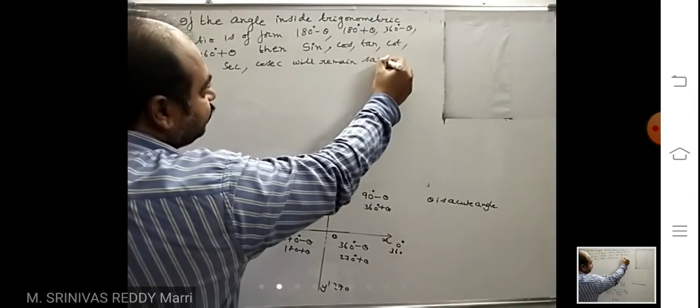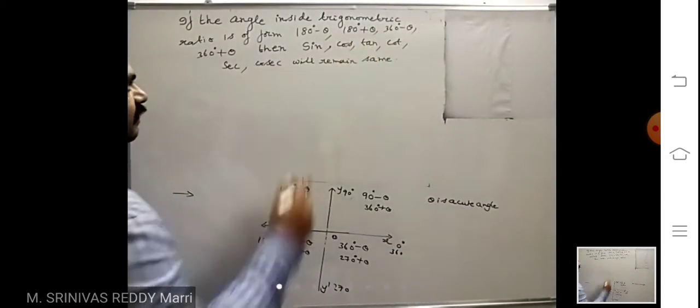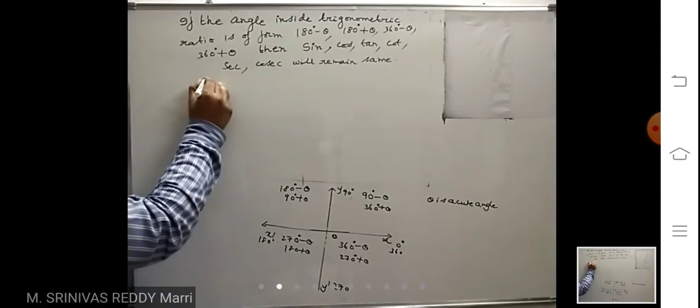That means sine will change into sine, cos will change into cos, tan will change into tan, cot will change into cot. Like that, everything will remain the same.